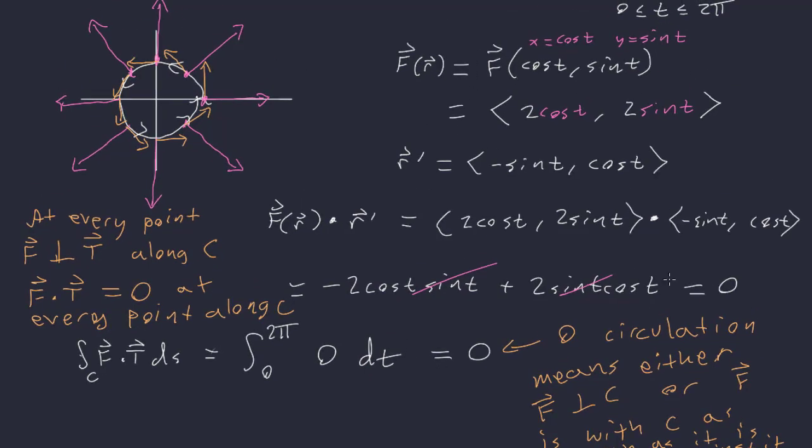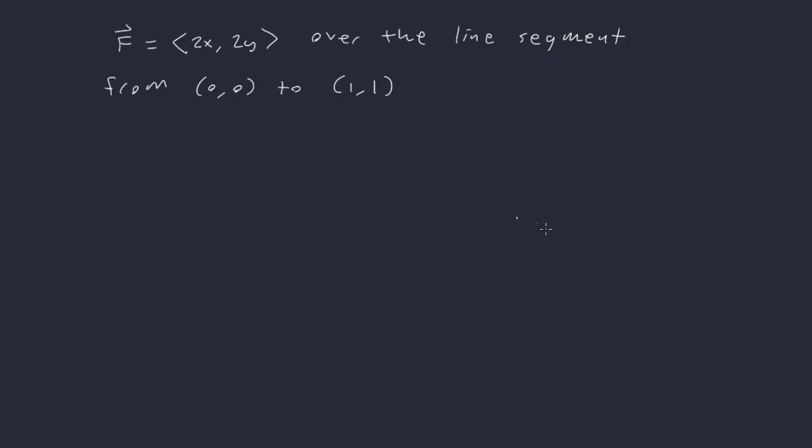All right, let's look at another example. Let's look at the same vector field, but now we're looking at it over the line segment from 0, 0 to 1, 1. So 0, 0 to 1, 1 is basically this.